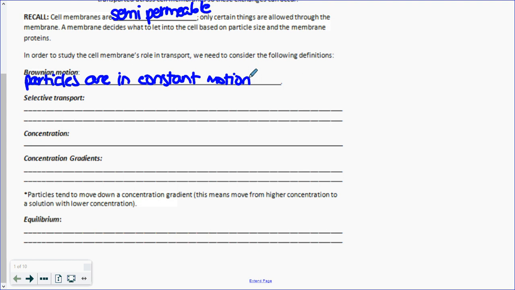So selective transport. So only certain substances can cross a membrane based on its size, shape, and electric charge.